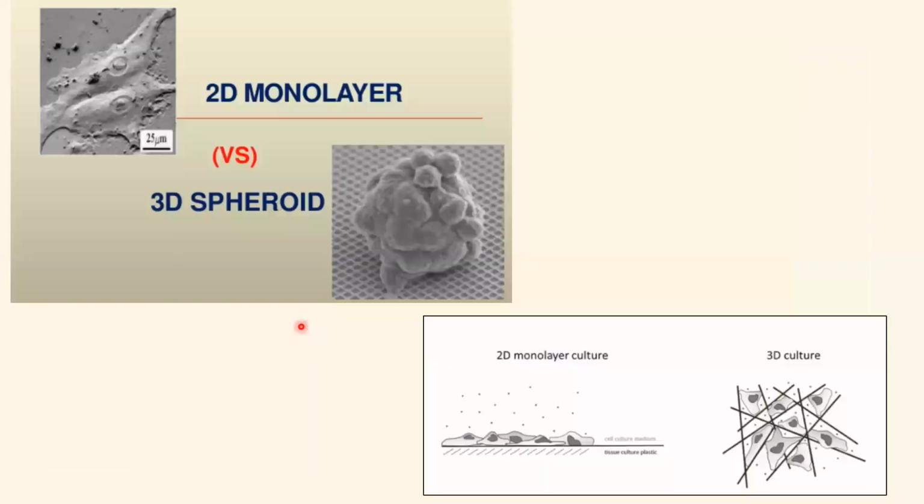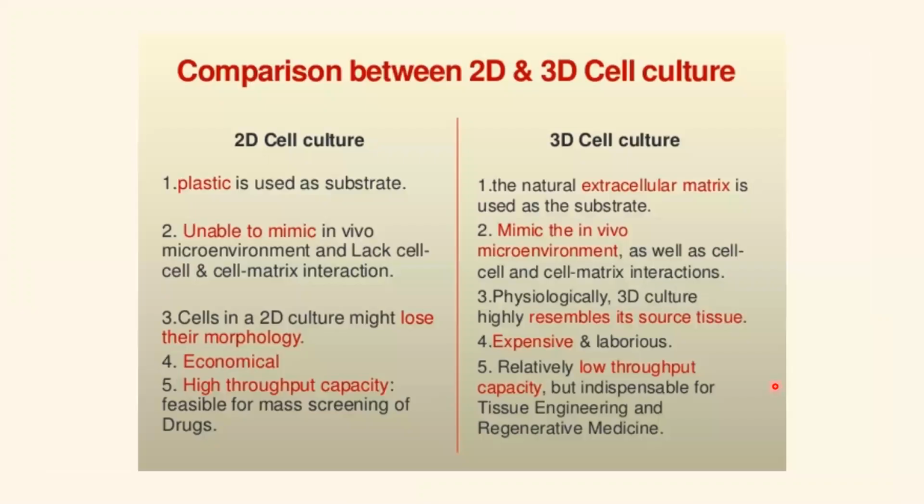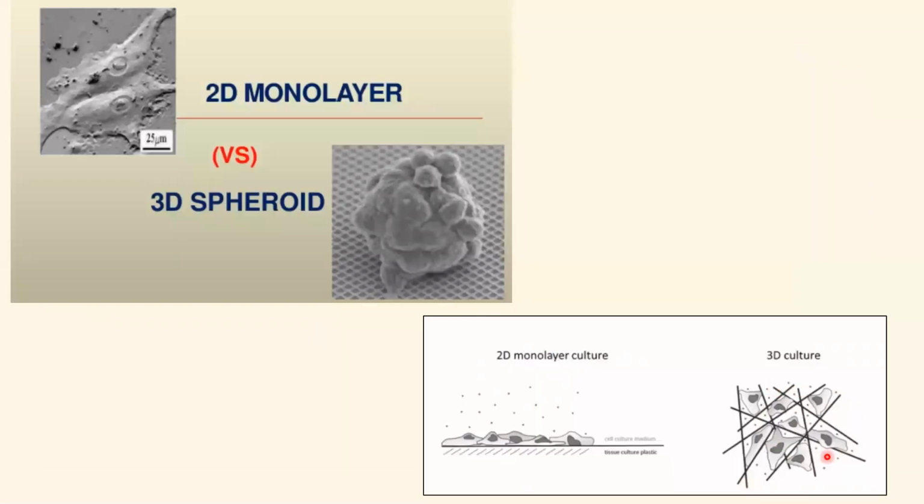In this condition, you do not know if what the cells are doing is exactly what they would do in a normal in vivo environment. But in the 3D condition it's more likely, though we cannot say for sure, that they will behave the way they do inside a living system.